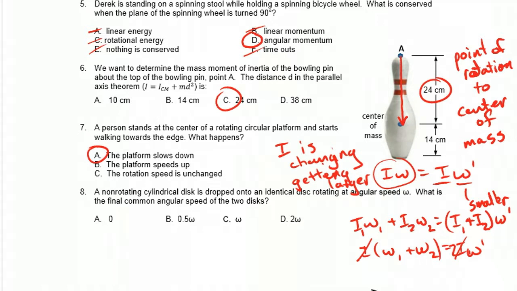Omega 2, we'll call that the one that's non-rotating, so that was 0. That gives me omega prime is 1/2 the initial angular speed of the first one. So that hopefully is a reasonable explanation of all our concept questions.